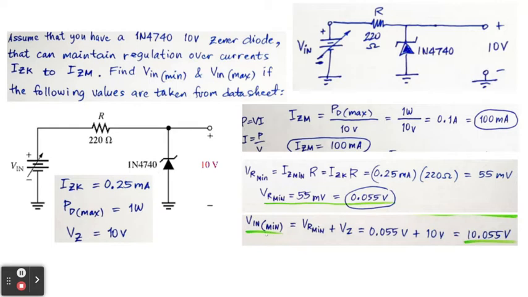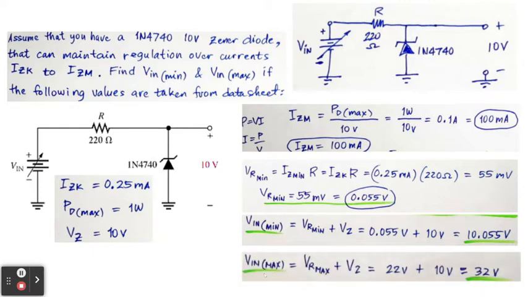Now, the input voltage here, V in minimum, will be equal to VR minimum plus VZ. And the VR minimum is, again, as I have calculated here, equal to 0.055 volt. Therefore, if you add 0.055 volt plus 10 volts, the answer will be 10.055 volts. That will be our V in minimum, 10.055 volts.